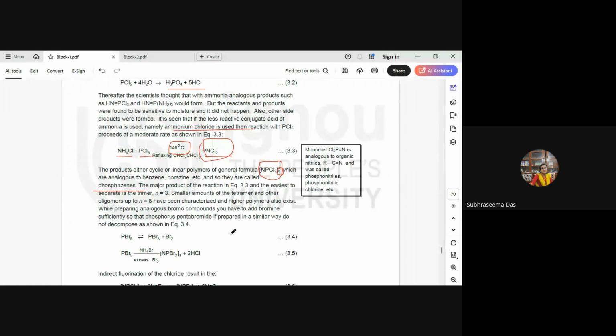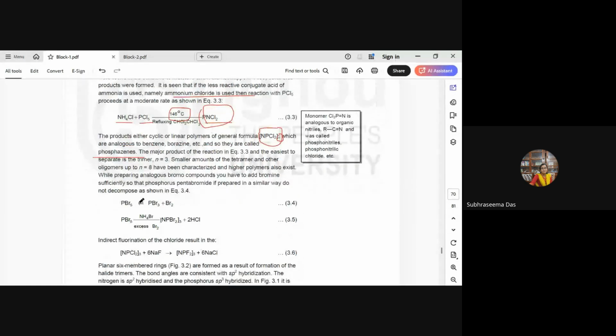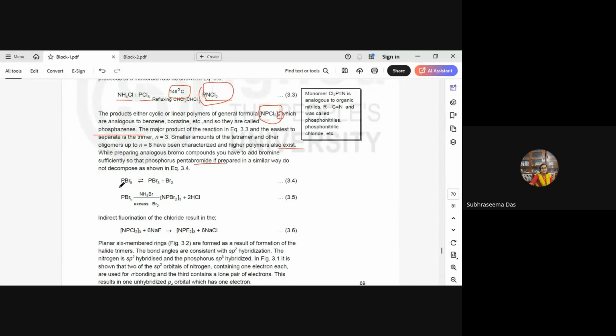Here the major product and the easiest to separate is the trimer, where trimer means n is equal to 3. Smaller amounts of the tetramer and other oligomers up to 8 have been characterized, but higher polymers also exist. Now, while preparing the analogous bromo compounds, we have to add bromine sufficiently so that the phosphorus pentabromide does not decompose, since PBr5 is highly susceptible to degradation to PBr3 plus Br2.